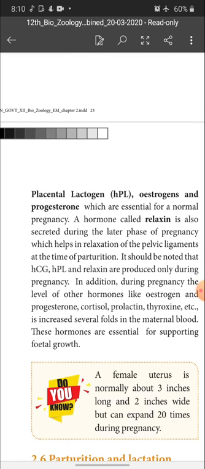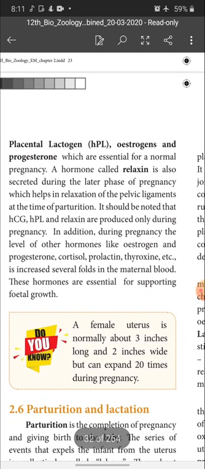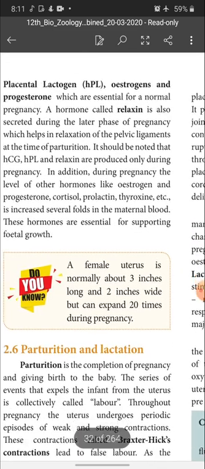During pregnancy, the levels of other hormones like estrogen, progesterone, cortisol, prolactin, thyroxine, etc. are increased several folds in the maternal blood. These hormones are essential for supporting fetal growth. A female uterus is normally about 3 inches long and 2 inches wide only, but can expand 20 times during pregnancy. Note it down, children.